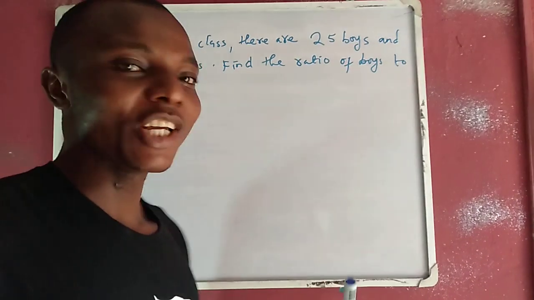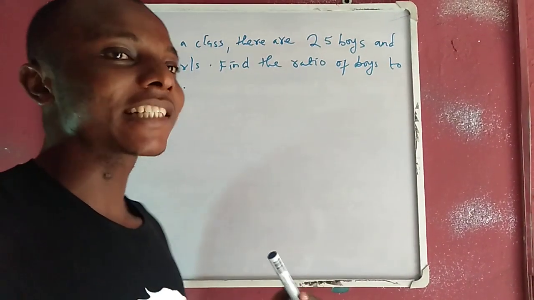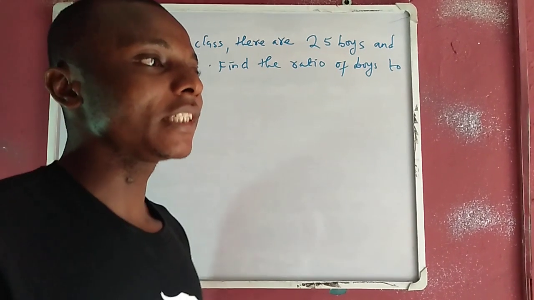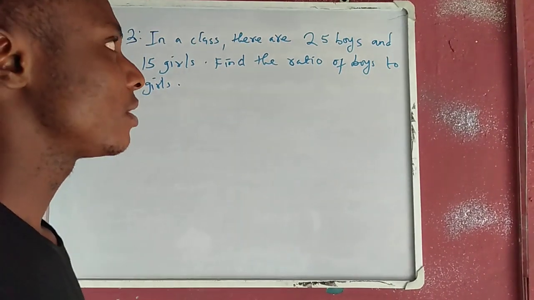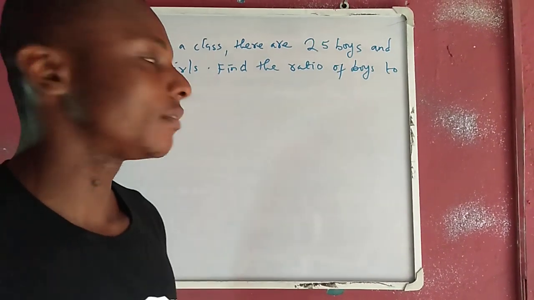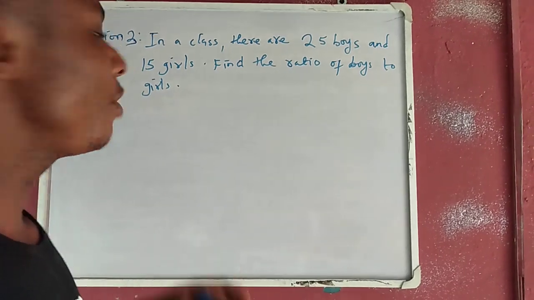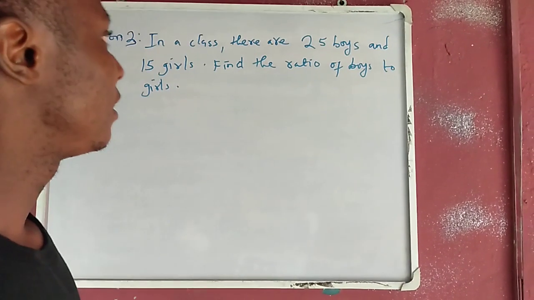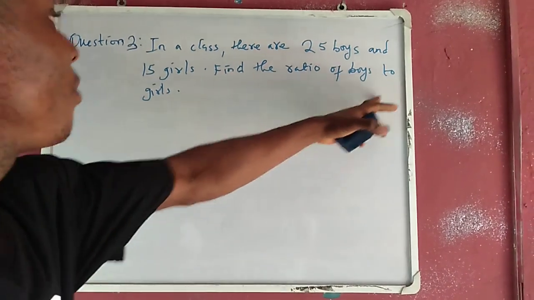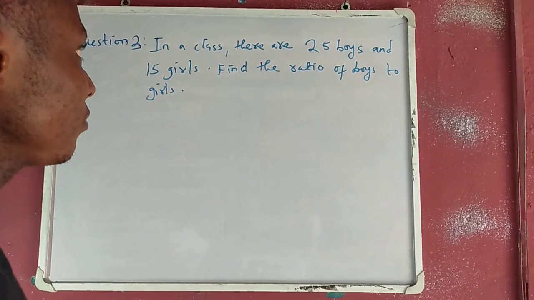Honestly, ratio problems are scary to pupils in this category. The reason is simple: students don't understand how ratio is solved. Now, when you're given a ratio problem, and you're asked to find the ratio of boys to girls.